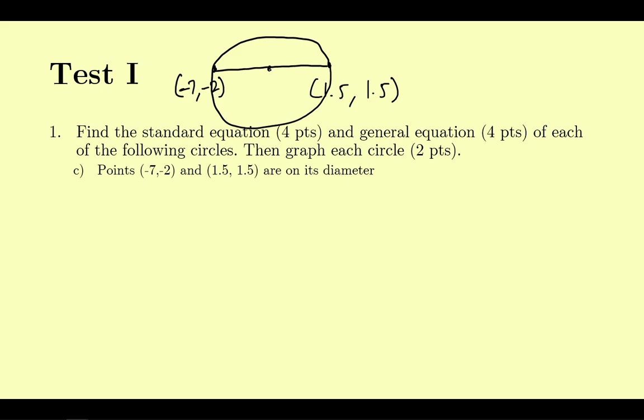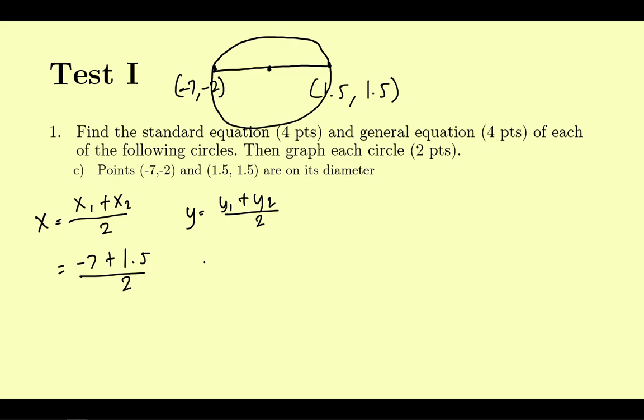So using the midpoint formula, x sub 1 plus x sub 2 all over 2, and y is equal to y sub 1 plus y sub 2 over 2. That's equal to x sub 1, negative 7, plus 1.5 over 2. On the other hand, we have negative 2 plus 1.5 over 2.